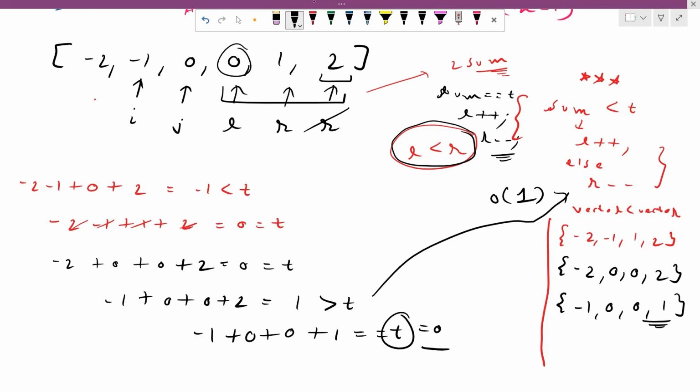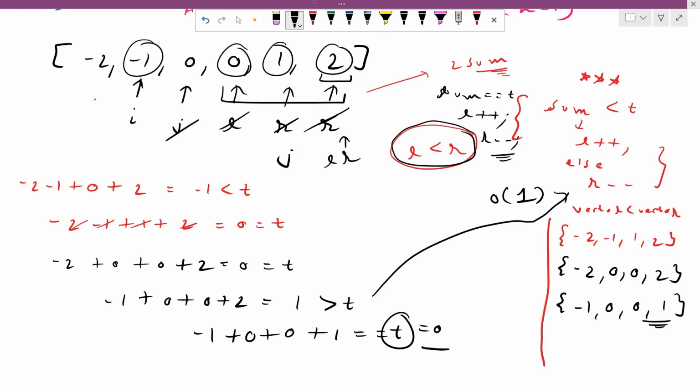So after this, j pointer will be pointing to the 0 again, but there is no need since we already traversed 0. After this, our j pointer will be pointing to 1, but there is no need, since left and right are both pointing to the 2 again. So both of the pointers cross each other.